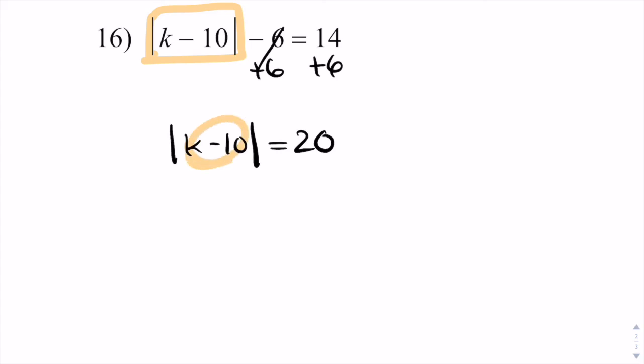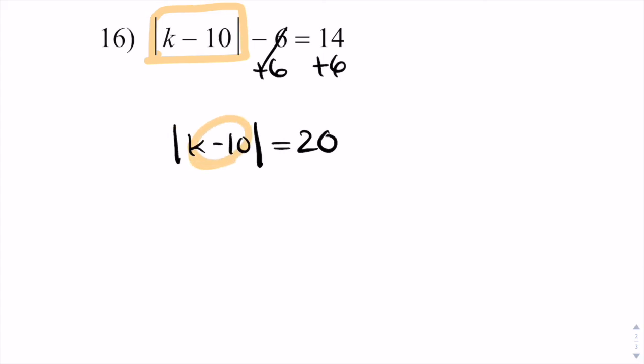Again, the whole idea is that what's inside the absolute value either has to equal 20, because the absolute value of 20 is 20, or what's inside here has to equal negative 20, because the absolute value of negative 20 is also equal to 20.